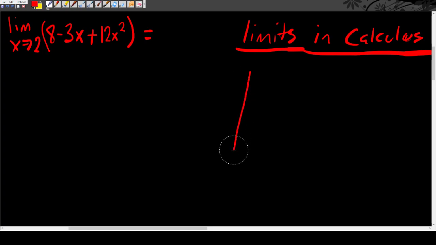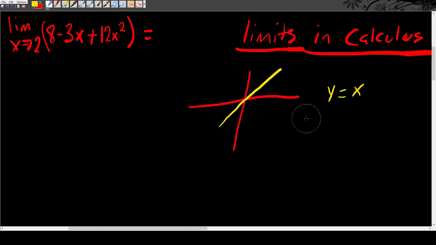So just like a little review about what exactly a limit is. Let's say I have the graph y equals x. If I have the limit of y equals x as x approaches, let's say, 2 of x, what is this equal to?